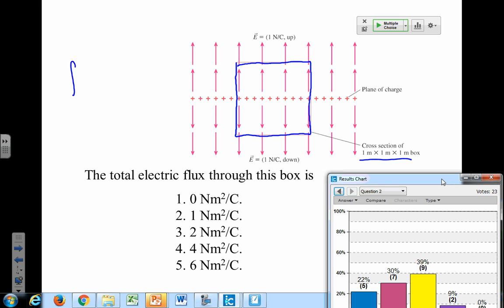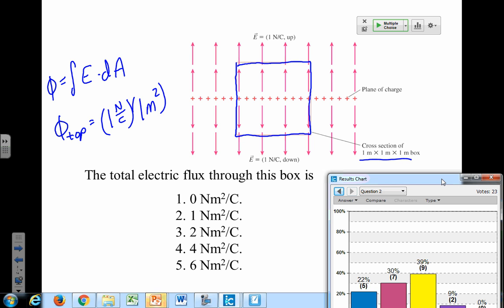So remember, I can say the integral of E dot dA. Only going to do the top and the bottom because those are the only ones that have an electric field. So the flux for the top will be the electric field, which is 1 Newton per Coulomb, times the area, which is 1 meter squared. Right?